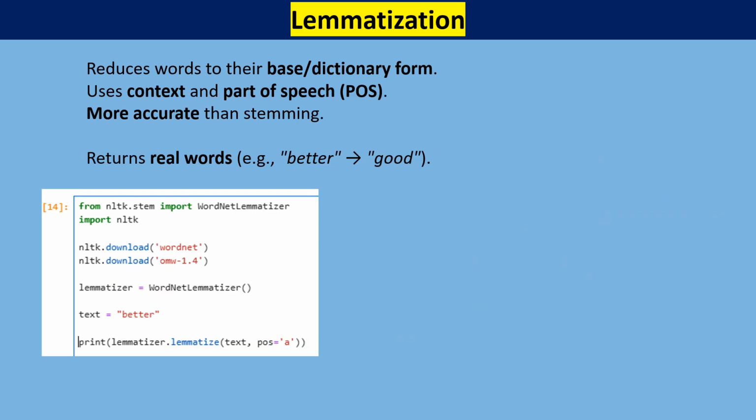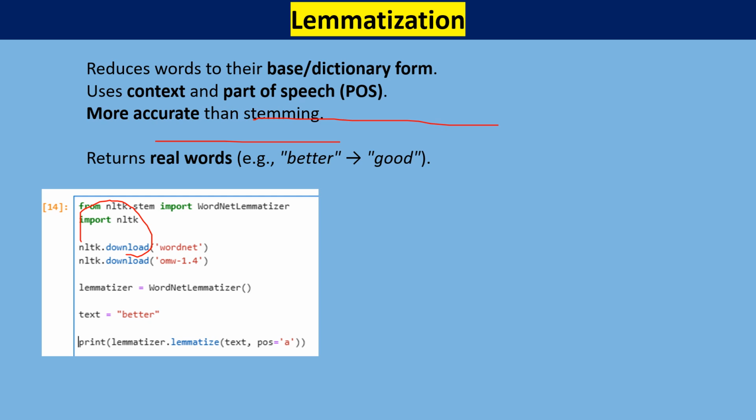Lemmatization reduces words to their base dictionary forms. Part of speech is used. It is like stemming but smarter. It uses the part of speech and grammar rules to return the correct dictionary form of a word. For example, better is not just chopped, it is interpreted as an adjective and mapped to good. It is powered by WordNet, a lexical database of English.